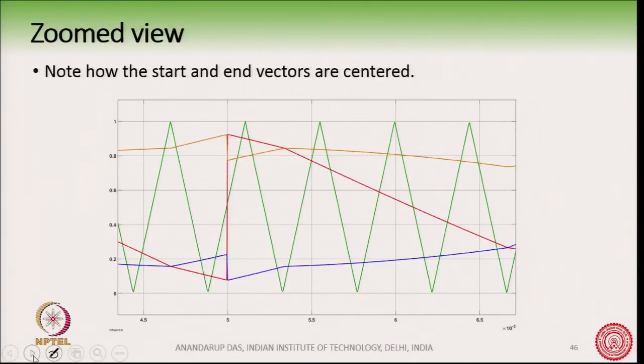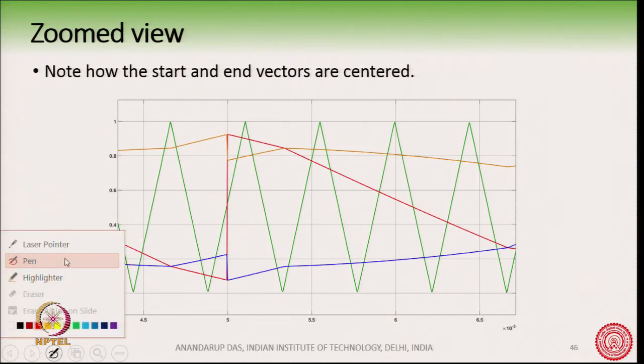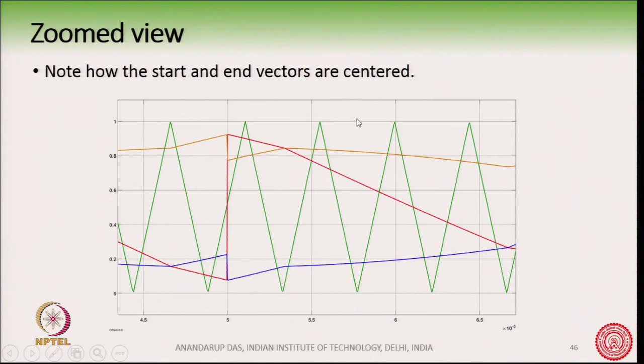So, here we have zoomed in. This is a zoomed version of the same three waveforms, but now with the carriers. You can note here carefully that we have zoomed in on the carrier versus the three waveforms, and here you can see that this distance and this distance are equal, always it will be equal.